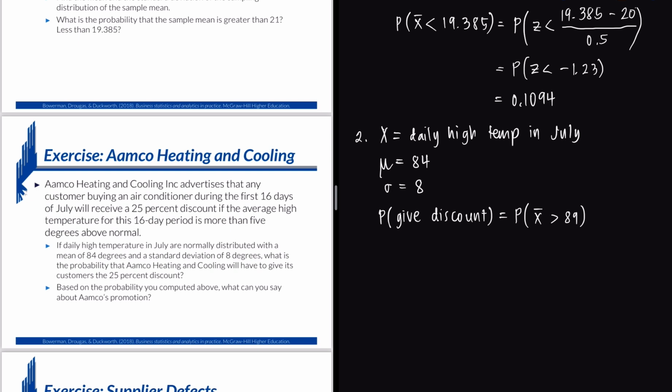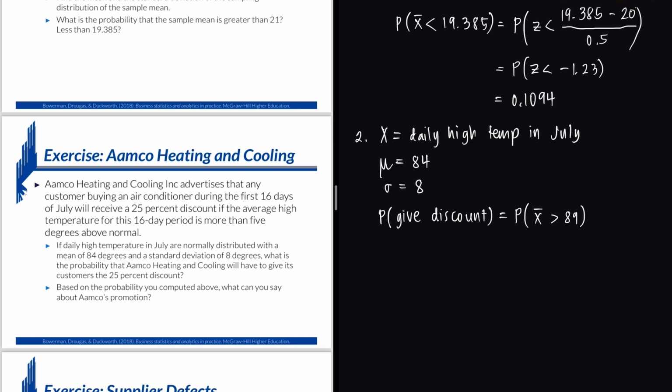Now, in this particular example, we can compute for this probability by converting x bar to z, but only if x bars are normally distributed. According to the problem, x itself is normally distributed. That's why even if the sample size that we are looking at is only 16 and that is not large, since the variable itself is normally distributed, the sampling distribution of the sample mean is already exactly normal.